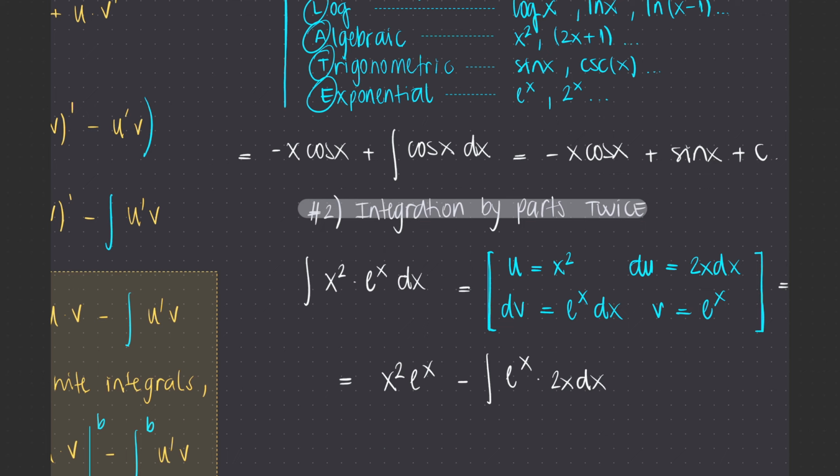And we can also rearrange this and write it like this: minus 2 times the integral of x e to the x dx. Now we can see that the power of the algebraic term got decreased by 1. Therefore, we're going to need to apply integration by parts once more so we can get rid of it and only have the integral of e to the x to worry about.